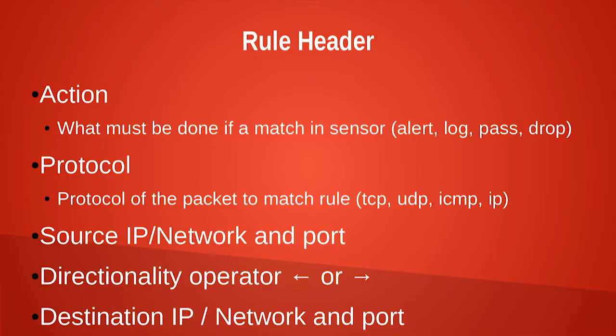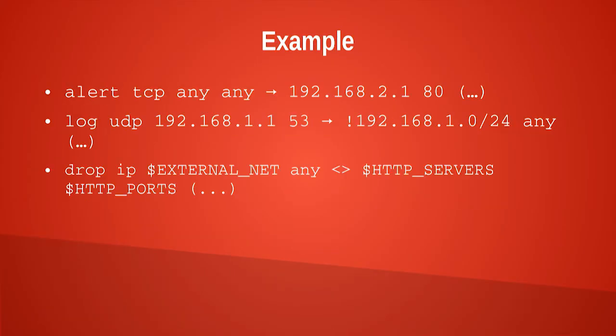So let us look at an example of a rule header. Here is an example. It says alert, space, tcp, space, any, space, any, space, and then a right-pointed arrow, then 192.168.2.1 and then something inside.